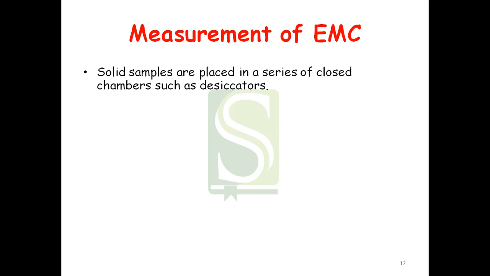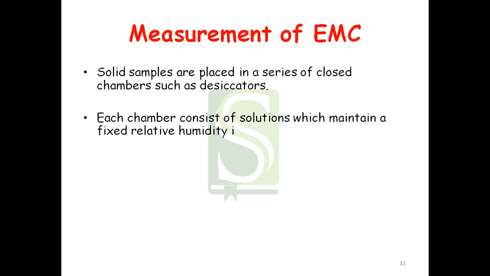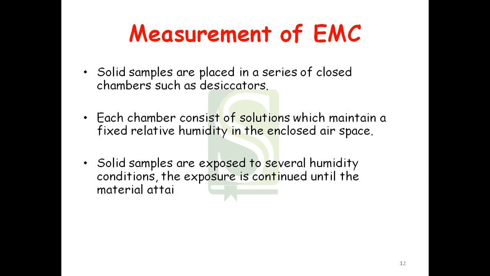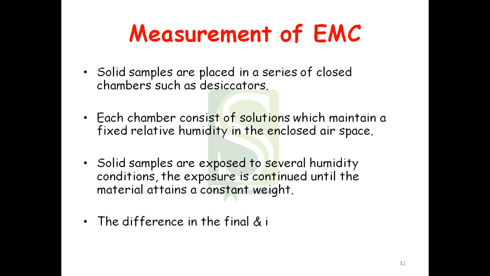Each chamber consists of a solution or a desiccant which maintains a fixed relative humidity in the enclosed airspace. So the solid samples are exposed to several humidity conditions. The exposure is continued until the material attains a constant weight, and this is called equilibrium conditions. The difference in the final and the initial weight gives us the moisture content of the material.